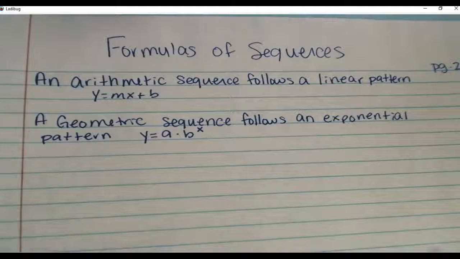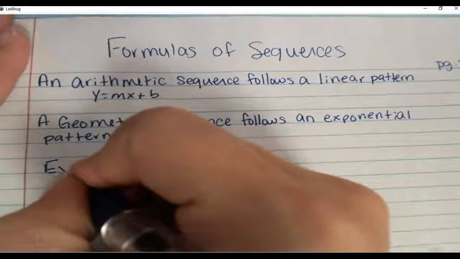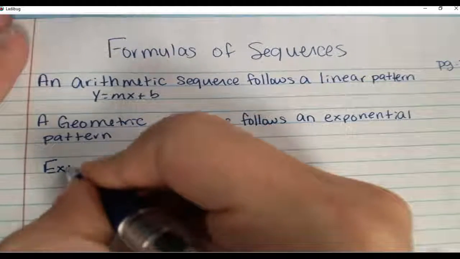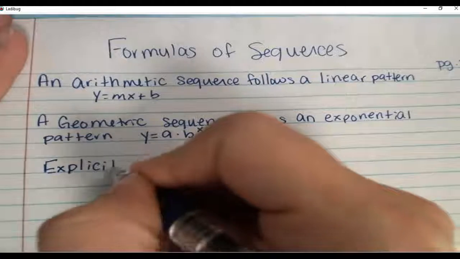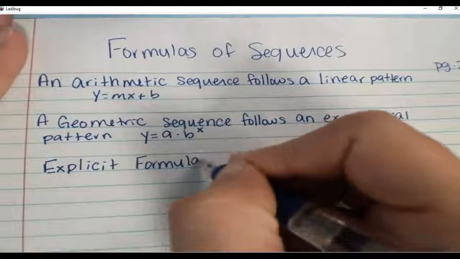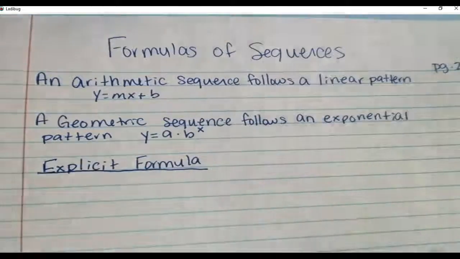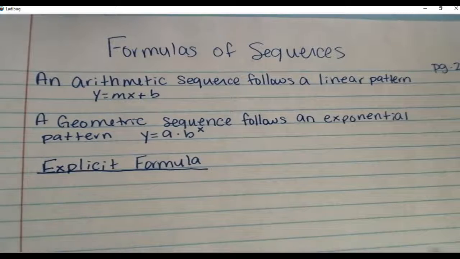So we're going to look at two different formulas today. The first one is the explicit formula. So the explicit formula is the formula that we saw yesterday, where we plugged in 1, 2, 3, and 4, and we found the terms.